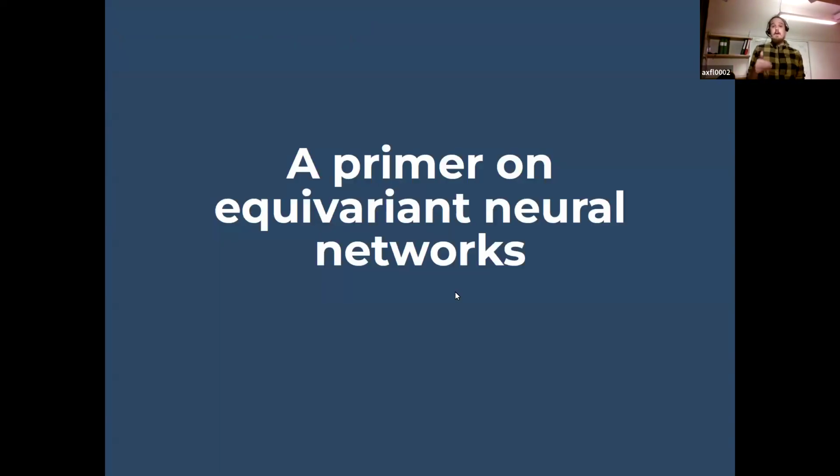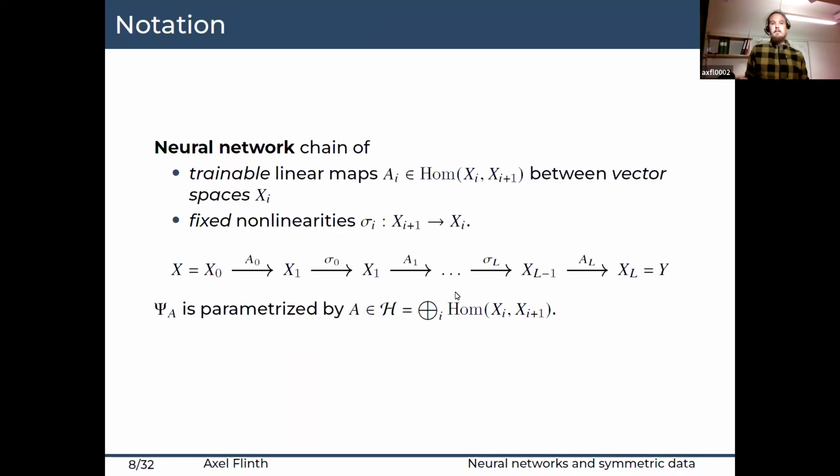Okay, so let's speak about that for a minute. What do we mean by equivariant neural networks, and how do we construct them? So let's fix some notation first. A neural network, as we all know, is a chain of linear maps between certain intermediate spaces X_i, and they are trainable. And in between them, we have some fixed non-linearities that act on the intermediate spaces.